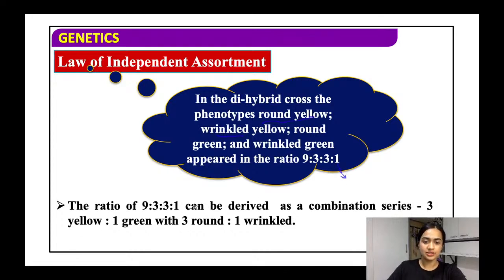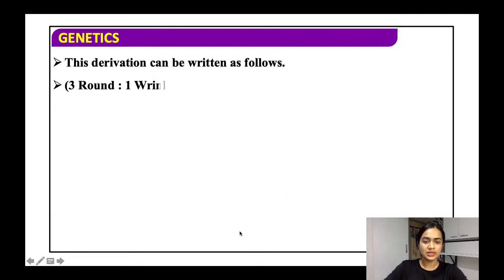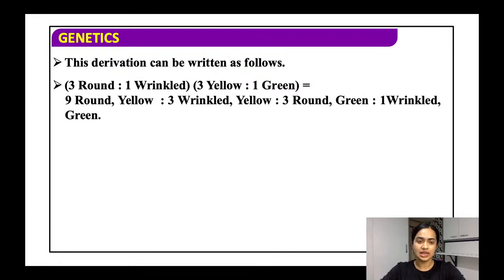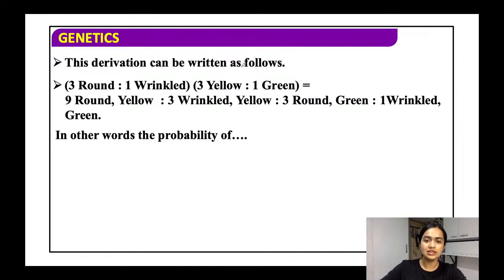The ratio of 9:3:1 can be derived as a combination of series, that is 3 yellow, 1 green with 3 round and 1 wrinkled. Alright, so the derivation can be written as 3 round is to 1 wrinkled and 3 yellow is to 1 green.